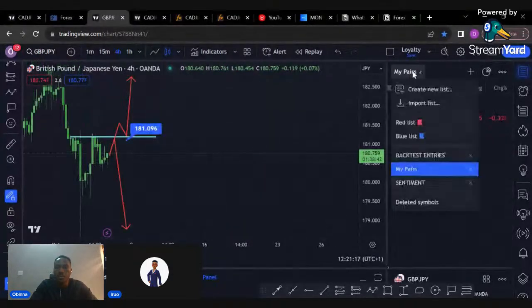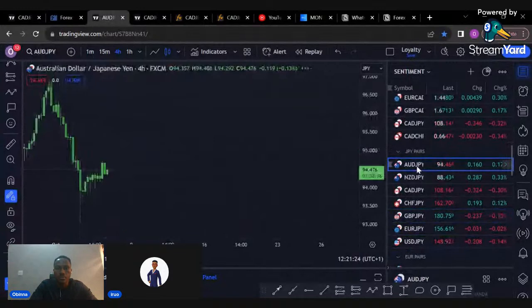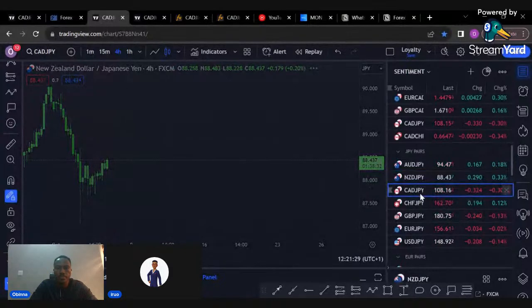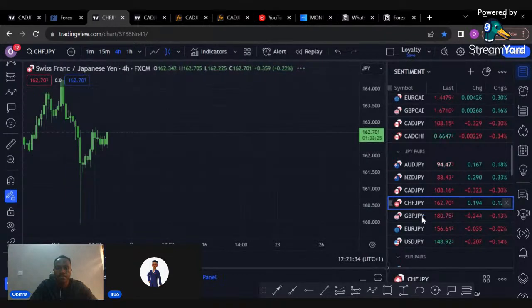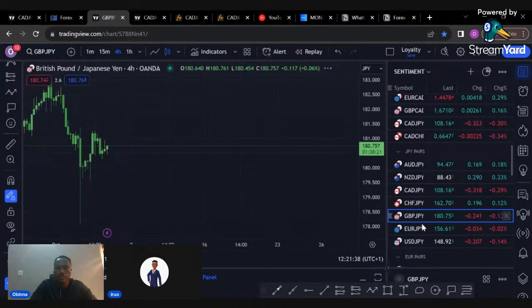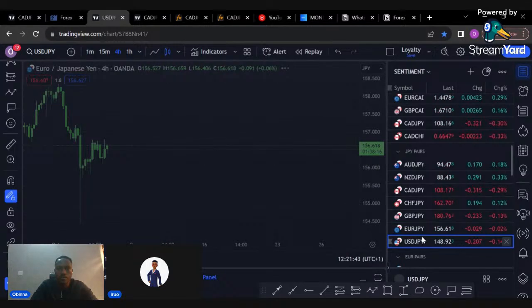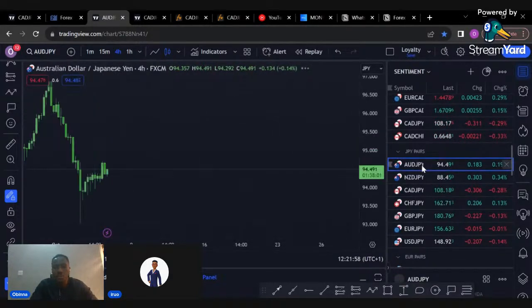Let me see what the sentiment of the market is like. From the 4 hours perspective, it looks like yen doesn't have that strength that it had early in the week, but it's just the 4 hours perspective.